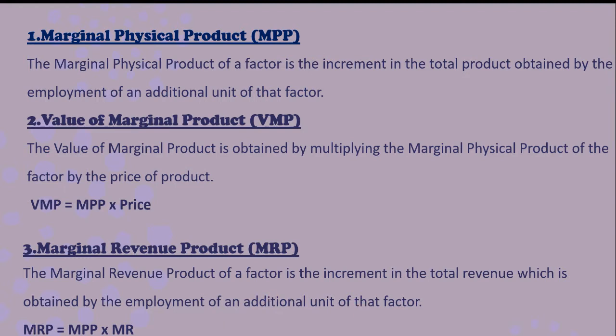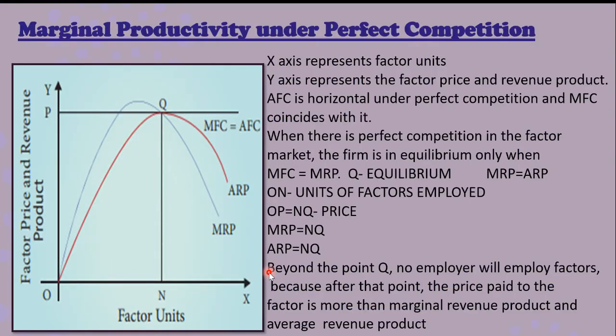So MRP can be found out by multiplying MPP into MR. What is MPP? MPP is marginal physical product, into MR. So 3 important concepts I have introduced here: marginal physical product MPP, value of marginal product VMP, and marginal revenue product MRP.